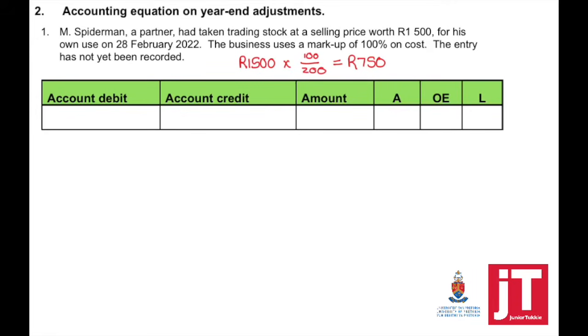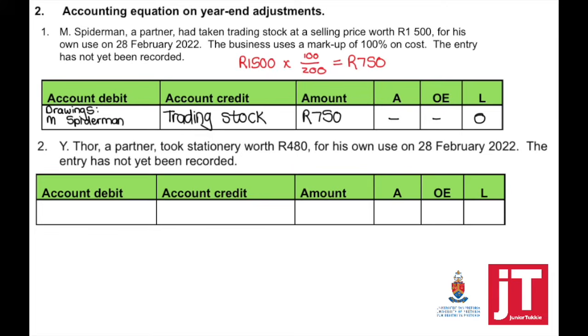To calculate the cost, we have to say 1,500 times 100 divided by 200. To show the influence on the accounting equation, account debited: drawings, make sure that you write the name of the partner. Account credited: trading stock, amount 750, and this will decrease your assets and decrease the owner's equity. Effect on the liabilities, 0.